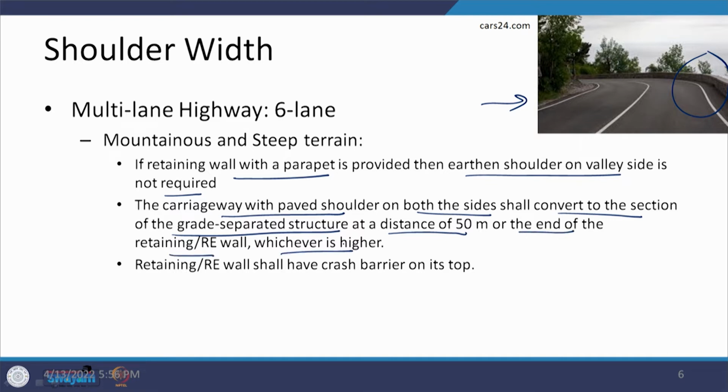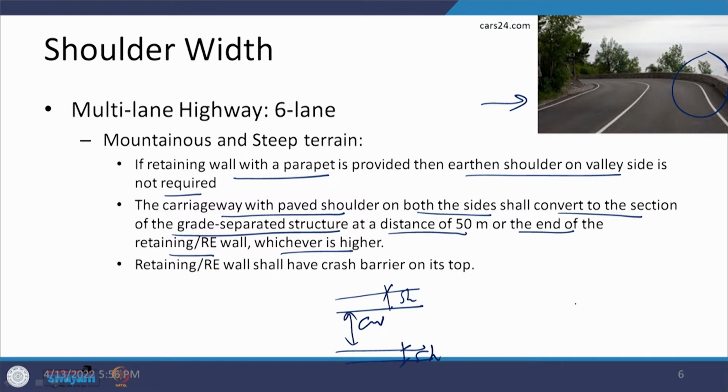Now, what does that mean? This means that you are coming with a particular profile. So, this is a carriageway being provided, and then we have a shoulder on either side, a shoulder on this side and a shoulder on the other side. Now, when you are coming to a grade separated structure, it may not have the earthen shoulder.